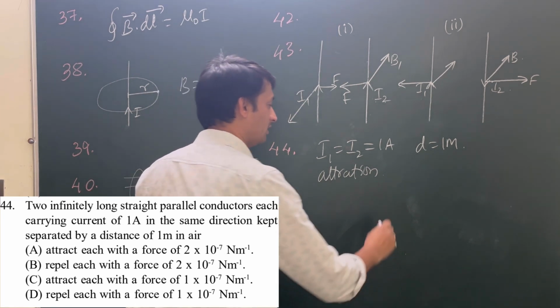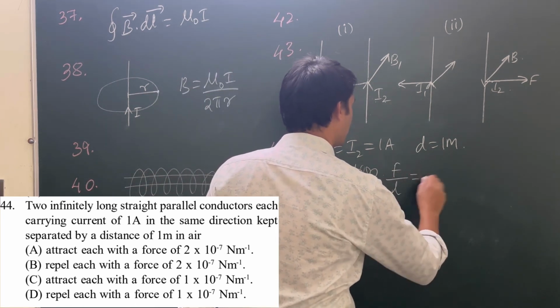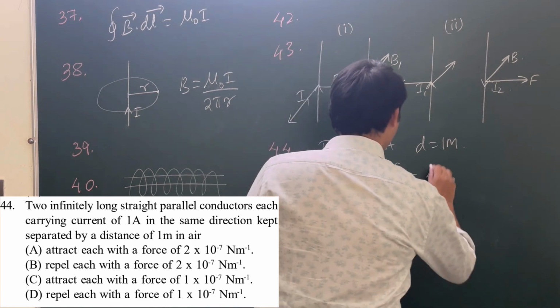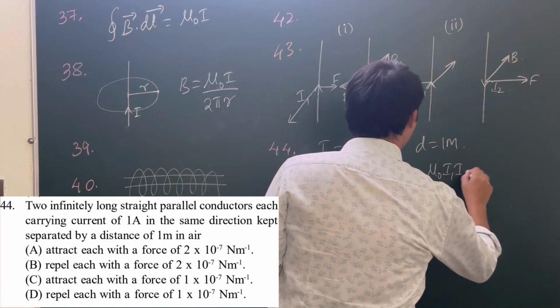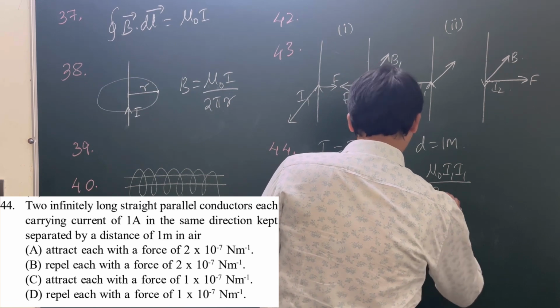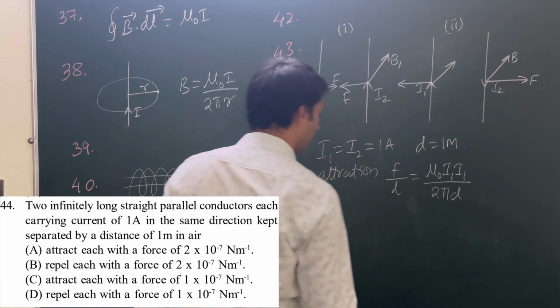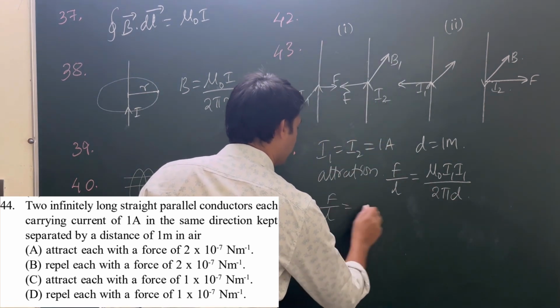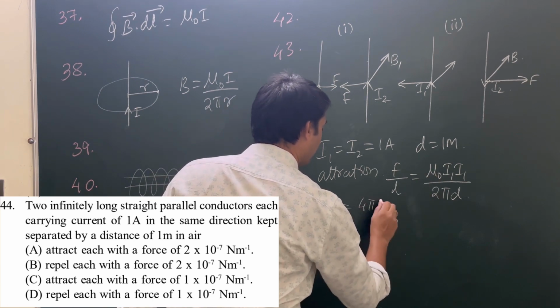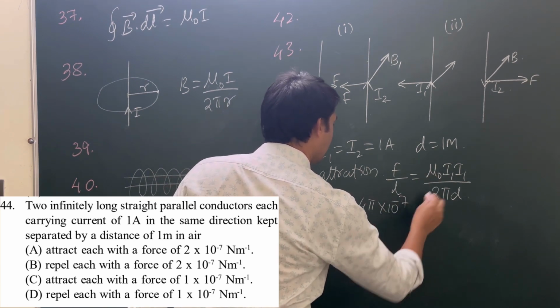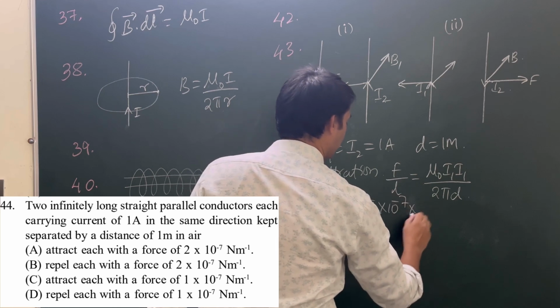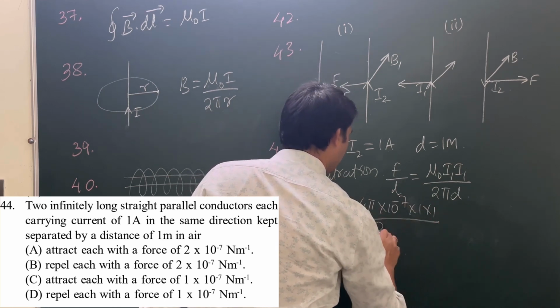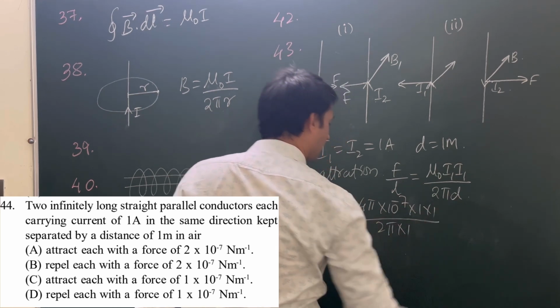Now we have to find out the force per unit length. The force per unit length is given by mu naught I1 I2 divided by 2 pi d. The value of mu naught is 4 pi into 10 raised to minus 7. With I1 and I2 equal to 1, we get 1 into 1 divided by 2 pi d, with d equal to 1.